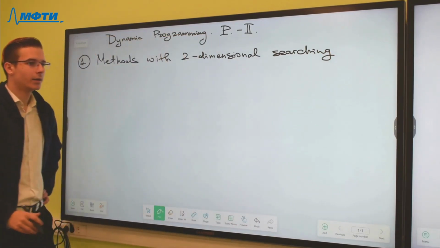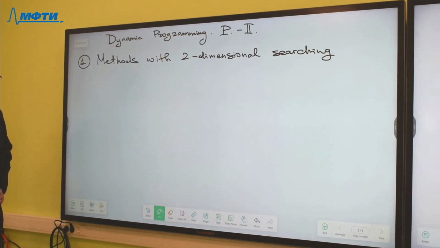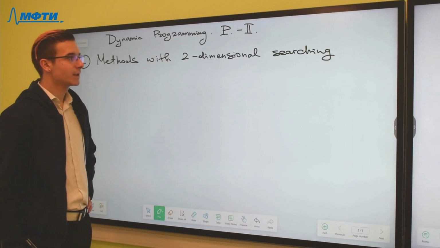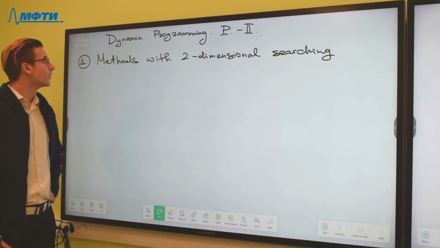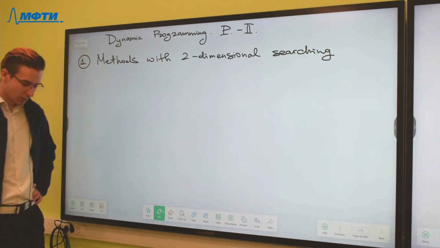Firstly, we talk about different tasks that are connected with dynamic programming.